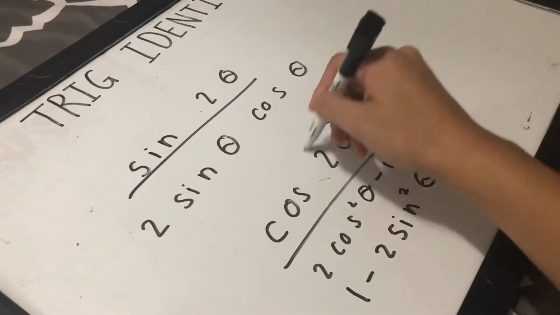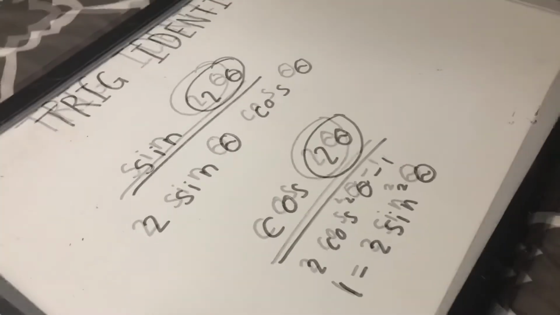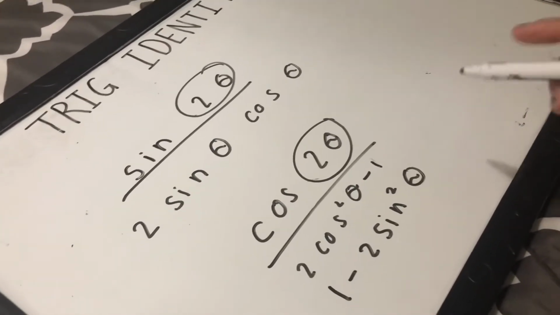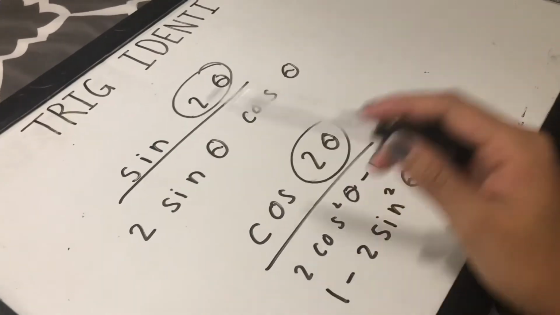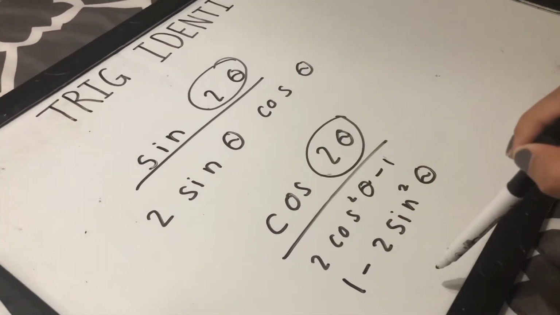And as you can see, they both have 2 theta. And these are just identities that you also want to memorize just in case you see in a problem cosine 2 theta or sine 2 theta. You know that you want to simplify it into these ones.